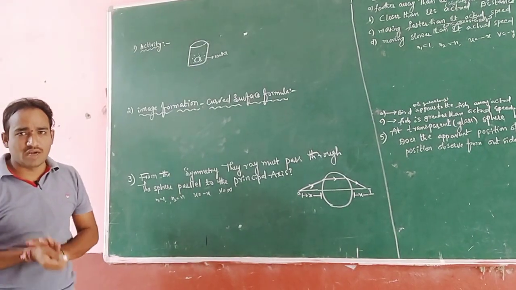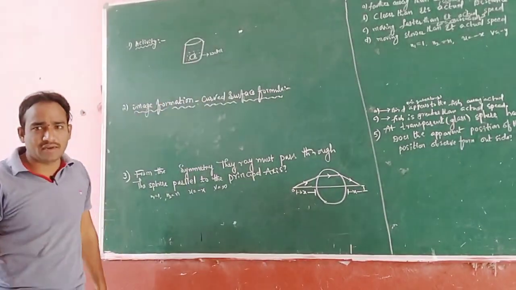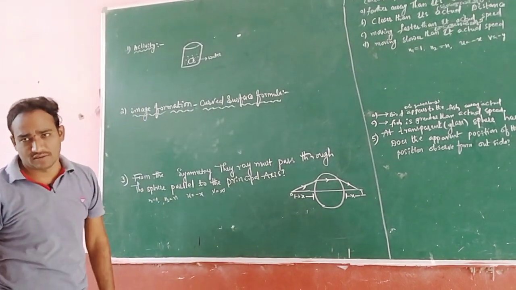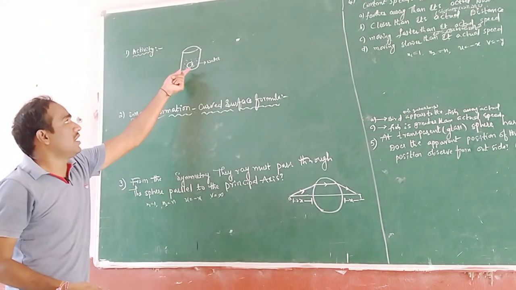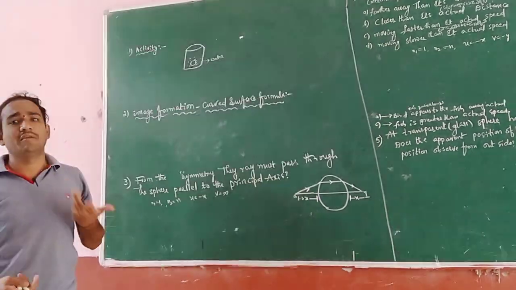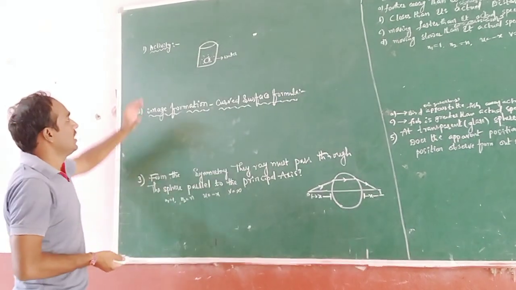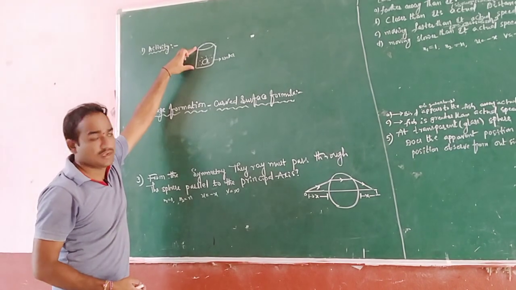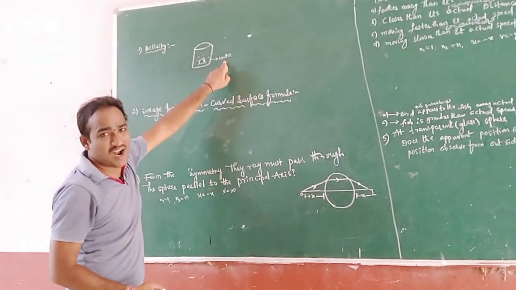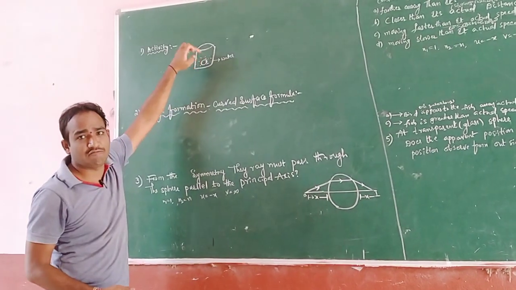According to the concept, where the lemon is inside the water, how will the lemon appear? So the activity: first, a glass container with water, and in this water we keep one lemon.